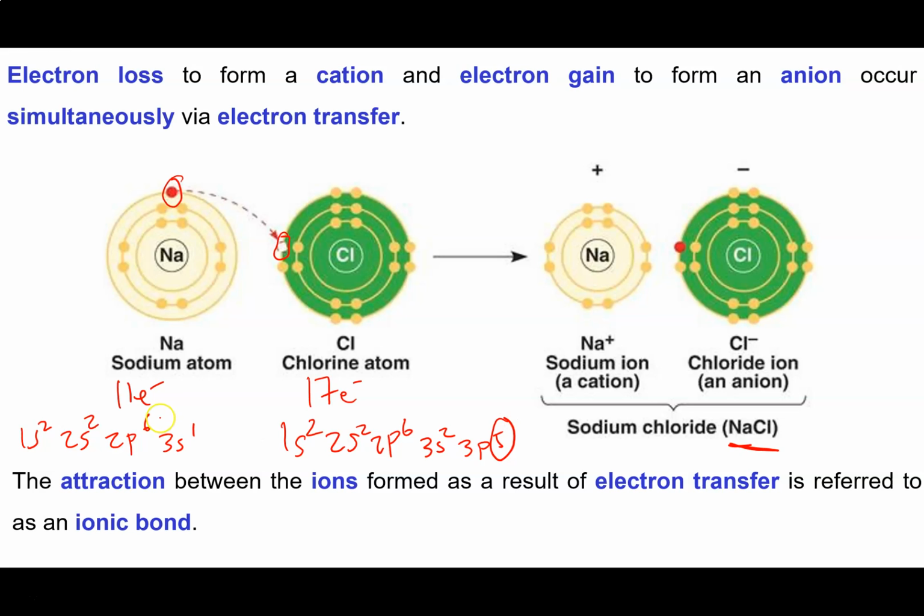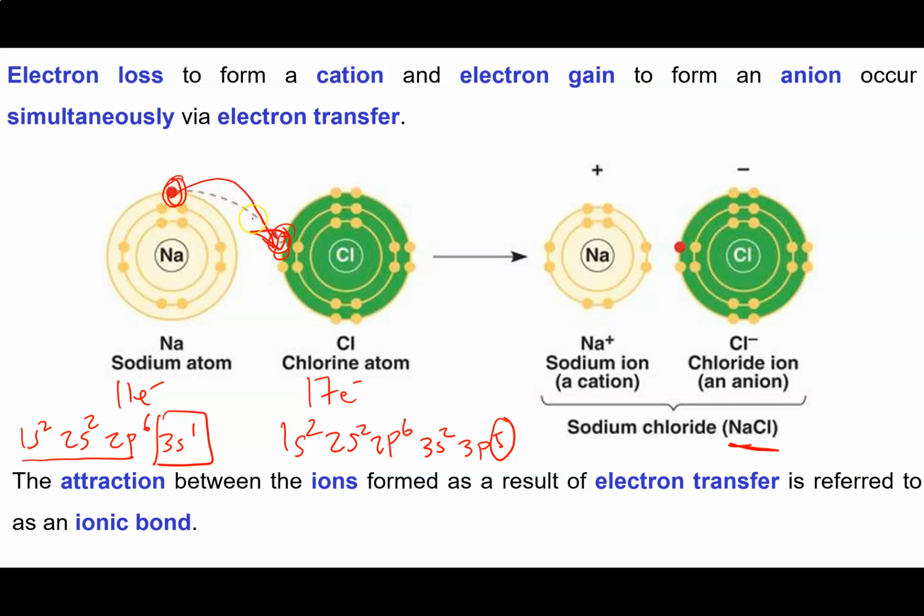And furthermore, a sodium atom would love to give up 1 electron, so then it has a noble gas configuration of 10 electrons, just like neon. So this is what's going to happen: an electron is lost by the sodium atom and gained by the chlorine atom, and that occurs simultaneously.